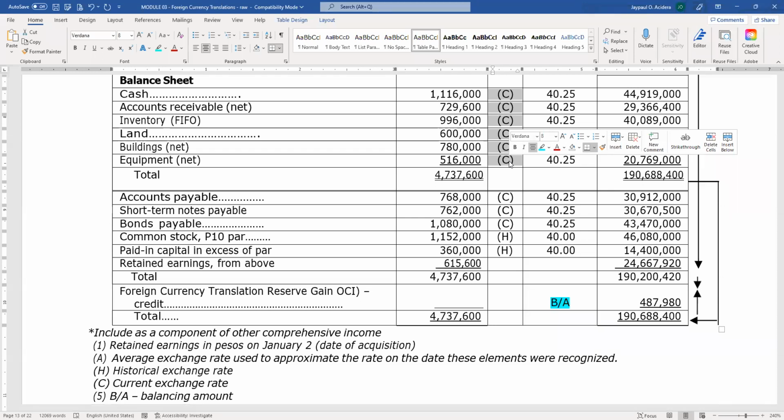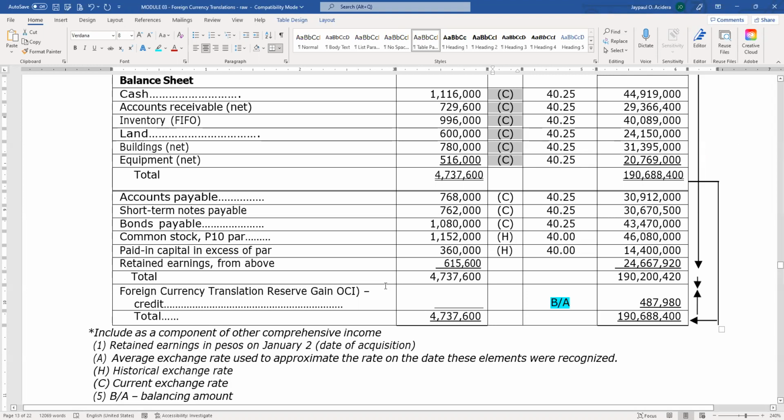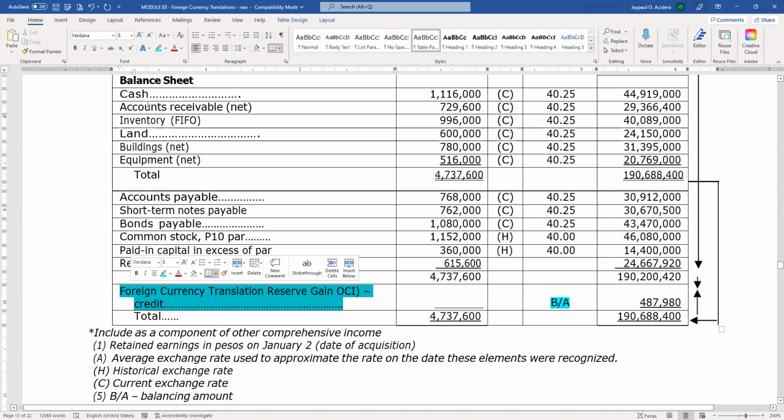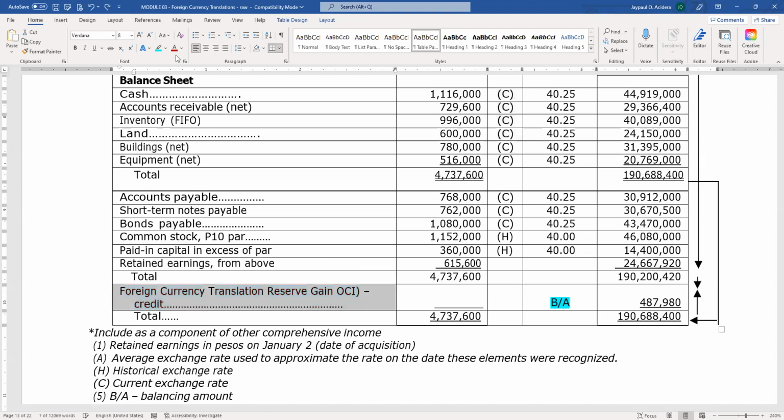So you will be able to compute a difference or you will be able to see a difference. Yun ang tinatawag nating remeasurement gain or loss. Or we also call it foreign currency translation, reserve gain, okay? OCI, kasi method 1 to.